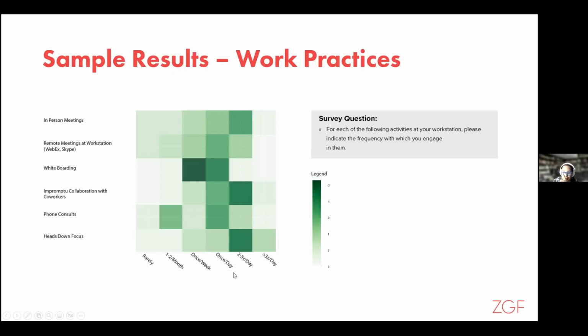This one in particular was an office that we did the survey in February 2020, and it's clear because they still had a lot of in-person meetings. They weren't yet having all remote. They were still working in the office. So you can see that 2 to 3 times per day, they're having those in-person meetings, lots of impromptu collaboration with coworkers.